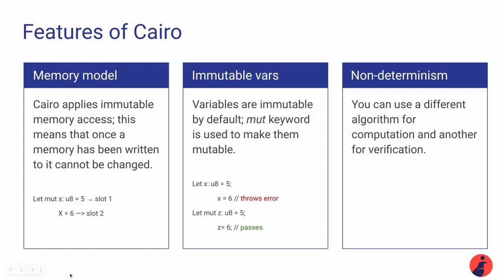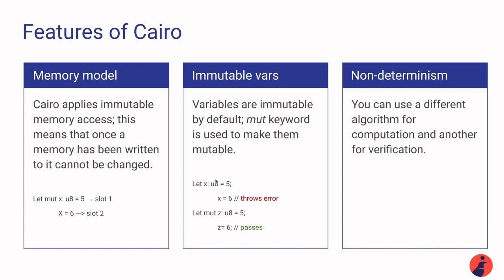Now, variables are immutable by default. Variables cannot be changed by default in Cairo. So if a variable is going to be altered later in your program, you have to use the mut keyword to make it mutable.